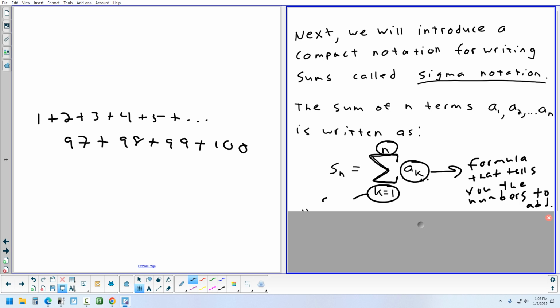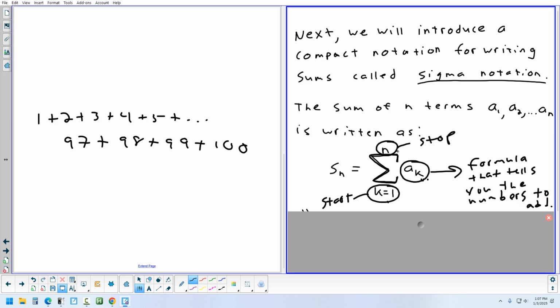So this at the bottom is going to tell us what number we want to start to add up. And the top one is going to tell us where to stop. So we've got a formula that's going to generate the numbers. This is going to tell us the first one to use. That one is the last one to use. So it's a short way of saying add up a bunch of numbers.